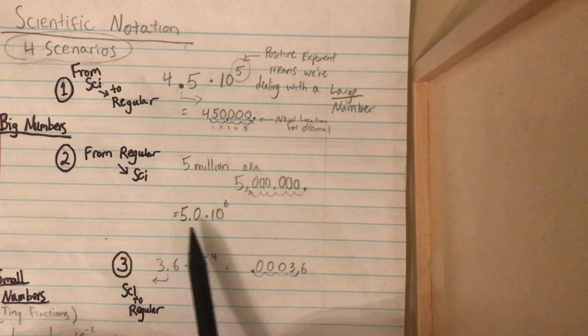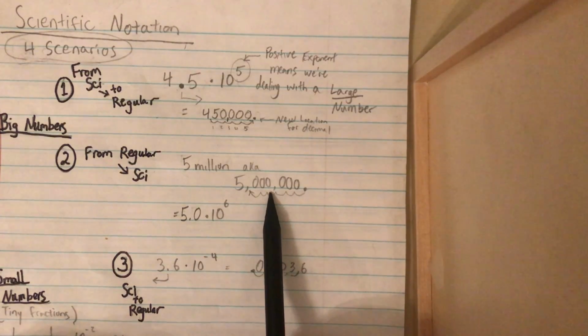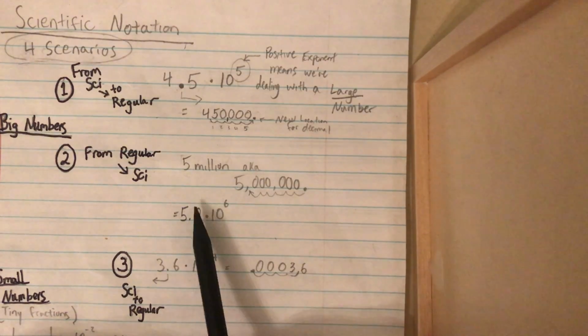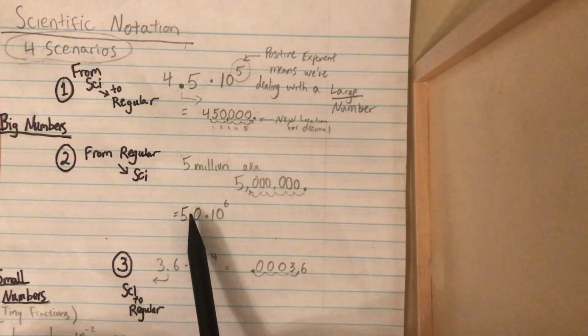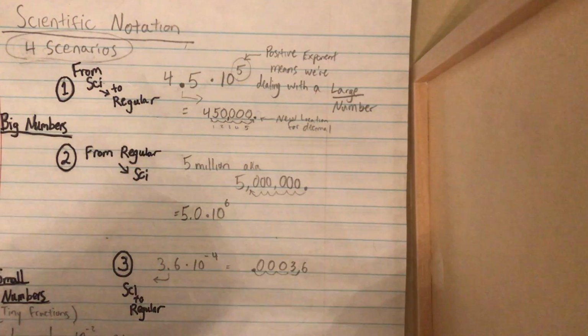We want to write it in scientific notation, so we just move the decimal as many spaces as we need to get it behind the first digit. Remember, in scientific notation, we're always putting the decimal behind the first number.